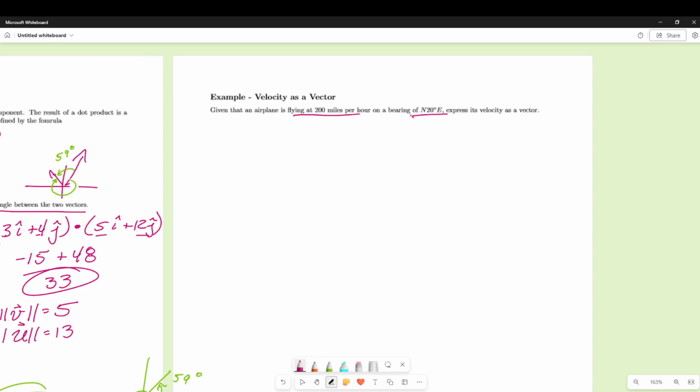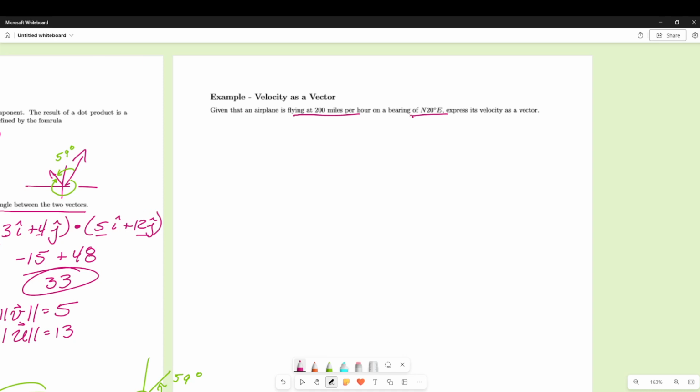So when it talks about what the plane is doing, it's from the plane's perspective. So we're often asked, given the plane is doing this and the wind is doing this, what's the ground speed and ground heading? That means the plane and the wind together. So how is it moving with respect to some object on the ground?